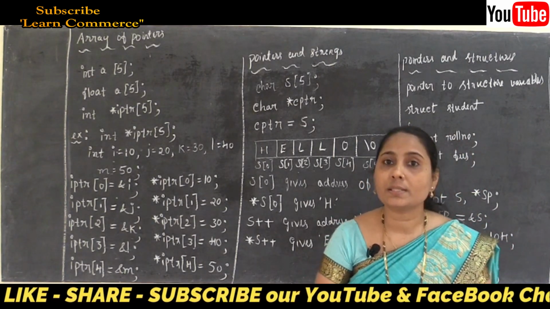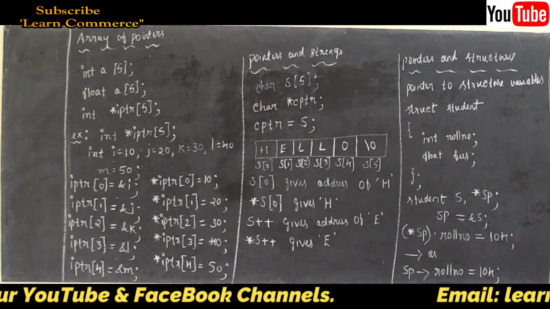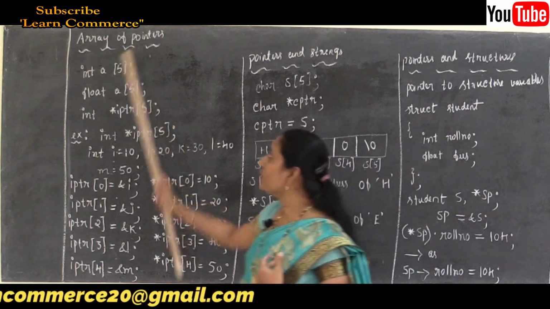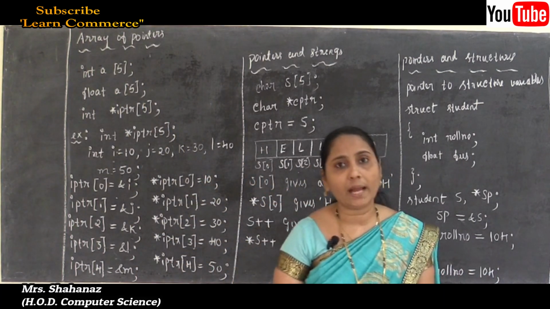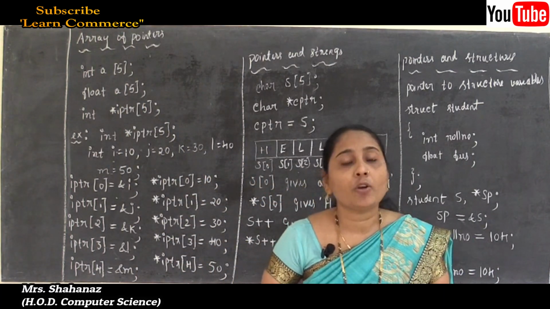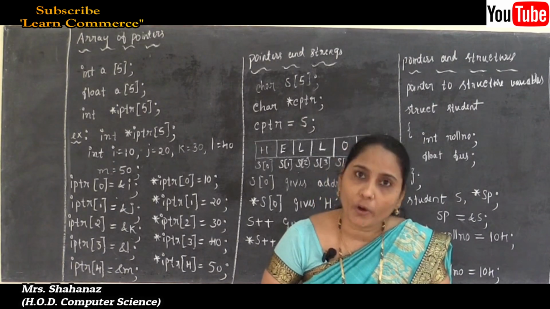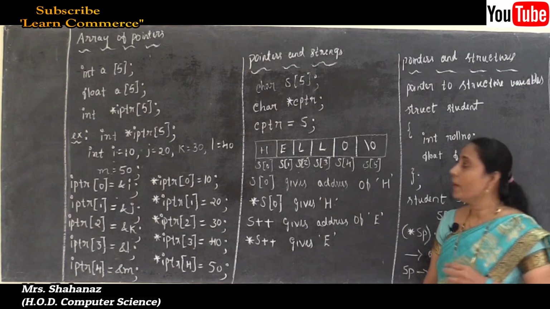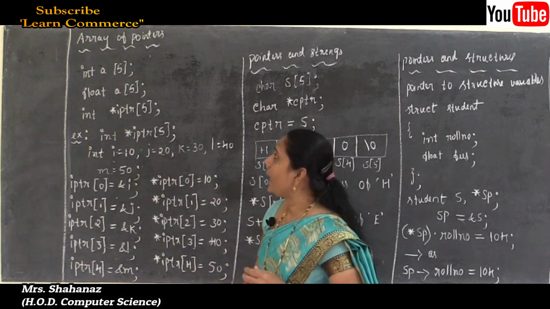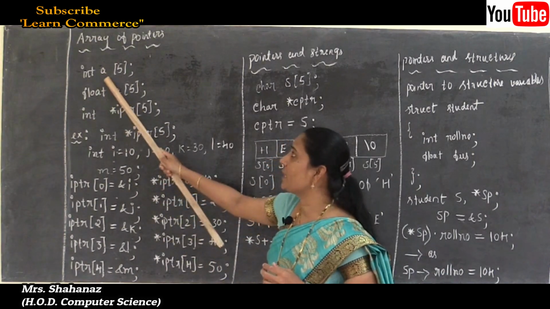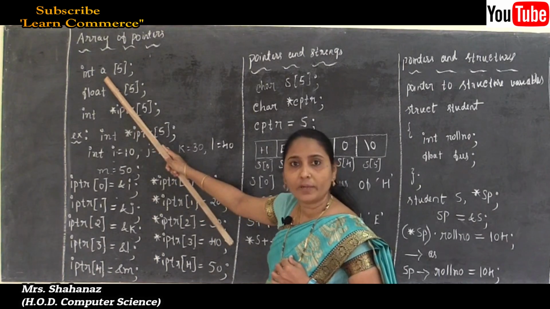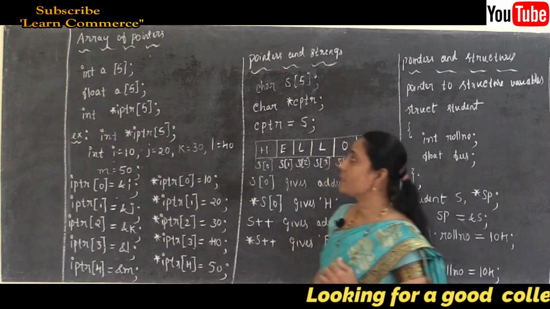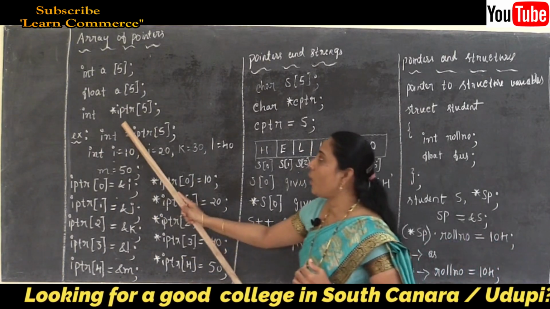Now let's see the next concept in this chapter, the array of pointers. Before going to the meaning of the array of pointers, let's see some examples. We know an array of integers, or maybe an array of floats, and similarly there is an array of pointers.